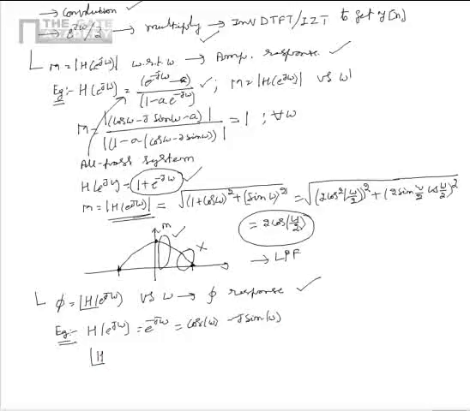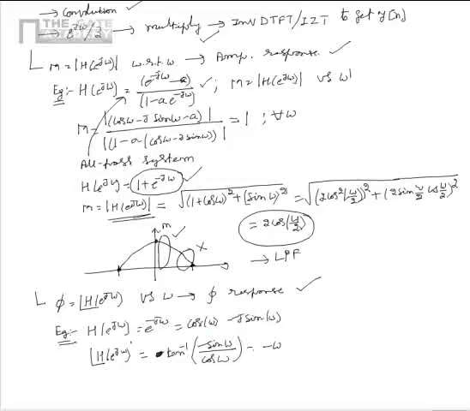Here we see that the phase of H of e power j omega is equal to minus tan inverse of imaginary part, that is minus sin omega, divided by real part, that is cos omega. Upon simplification, this is equal to minus omega.